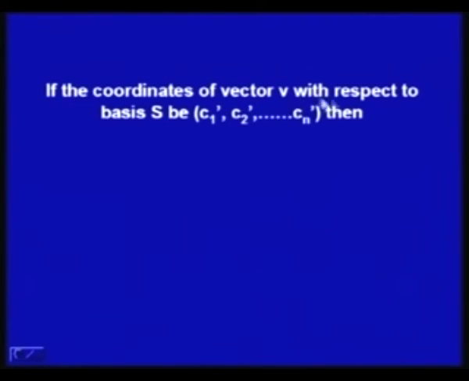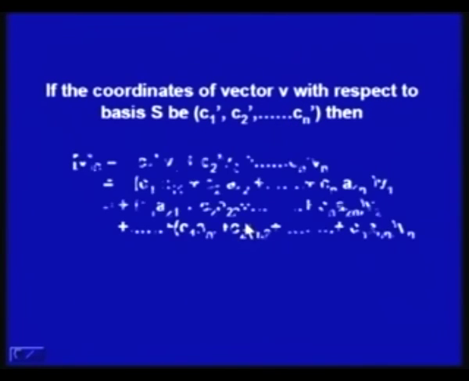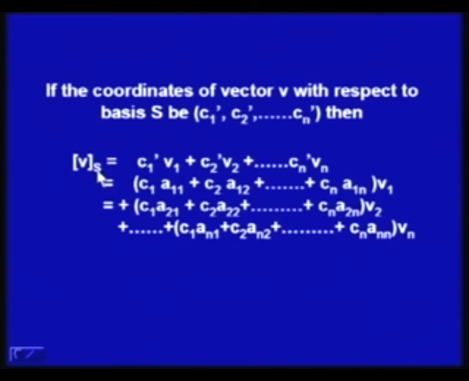Now, if the coordinates of vector v with respect to basis S are C1 dash, C2 dash, Cn dash, then v with respect to basis S will be C1 dash V1 plus C2 dash V2 plus Cn dash Vn, and this is equal to what we have written earlier, C1 A11 plus C2 A12 plus Cn A1n times V1, V2 and Vn, a linear combination of V1, V2, Vn.